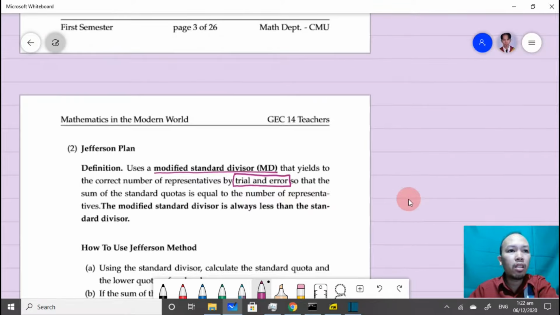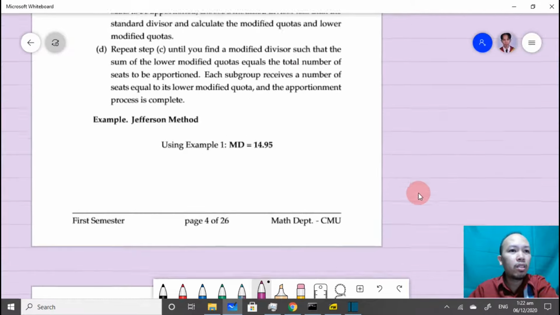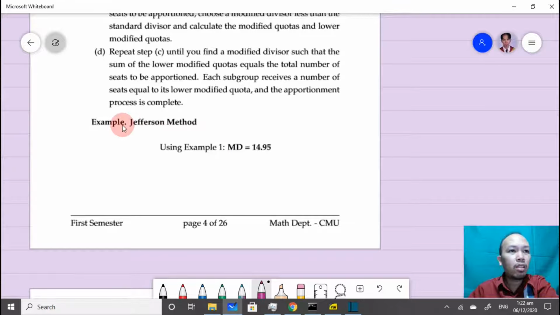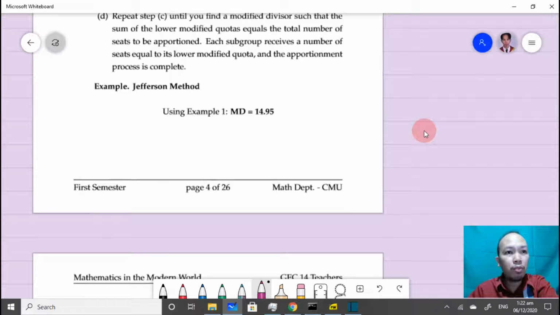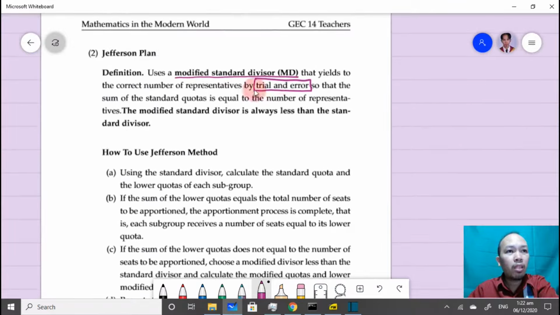As you can see in the discussion, I know that you are familiar with this method. For example, in your module, we use 14.95 instead of 15 as the modified divisor. By the way, when you say modified, there's something to be modified. There's a standard divisor existing, and then you are going to modify it.